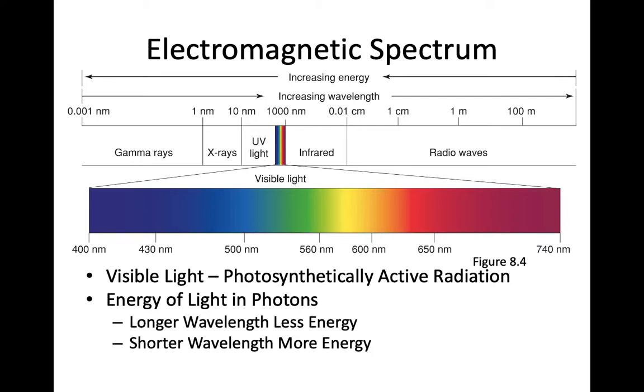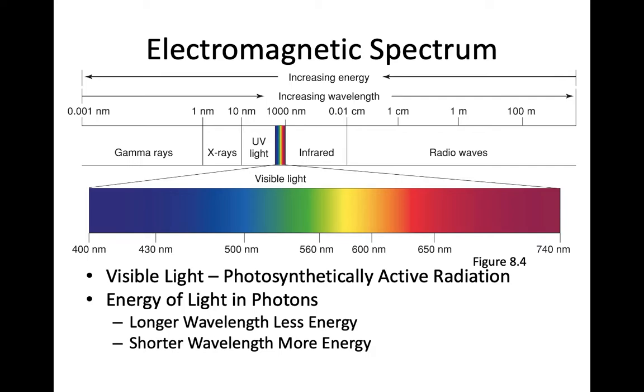So you'll notice in this graph that the light that we can see, the visible spectrum, which is right here, only represents a small amount of the total spectrum, but this range is still significant nonetheless, because it also happens to be the same spectrum of radiation that photosynthesis is active during.